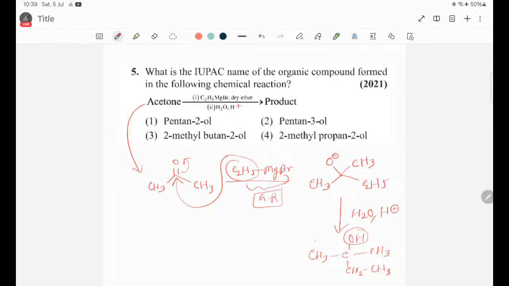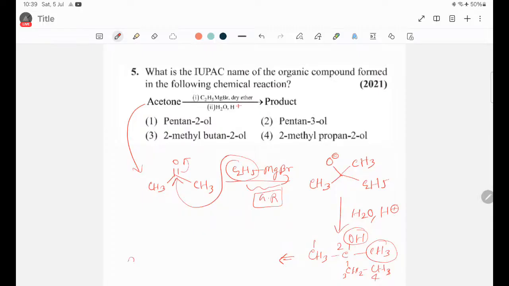So we will number 1, 2, 3 and 4 starting from the left side carbon. You can take the right side carbon as 1 also, because in that case you will get the same nomenclature.